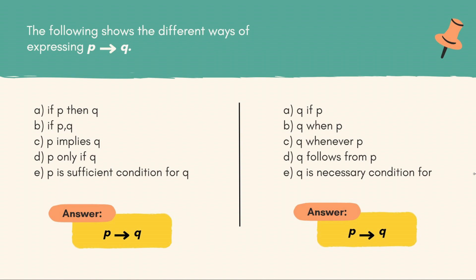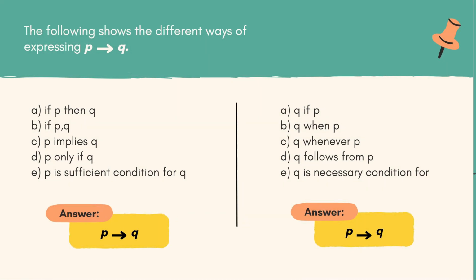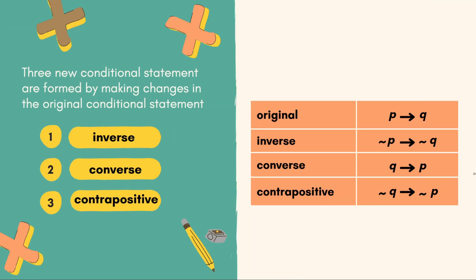So if you find these sample sentences in the question, you must know this sentence is an implication or conditional, which is p implies q. Moreover, three new conditional statements are formed by making changes in the original conditional statement, which is 1.